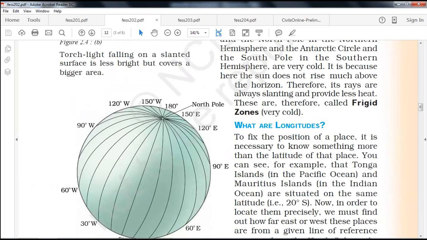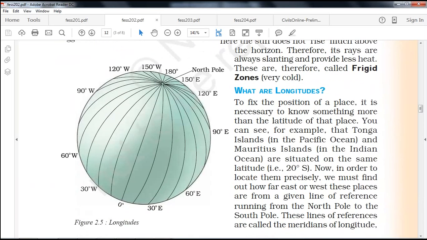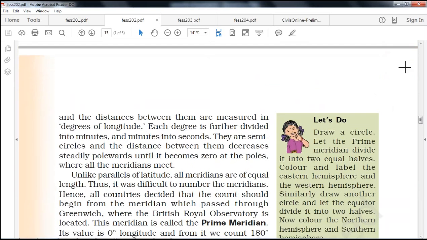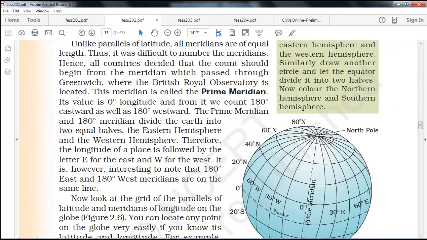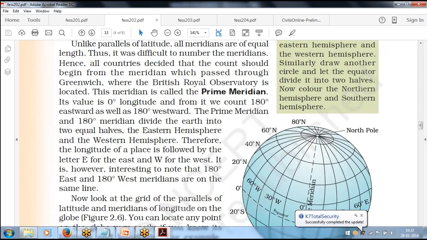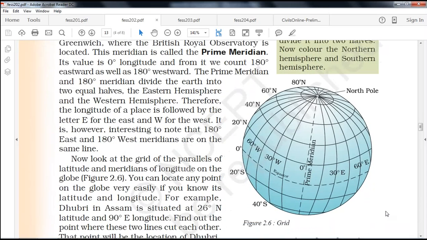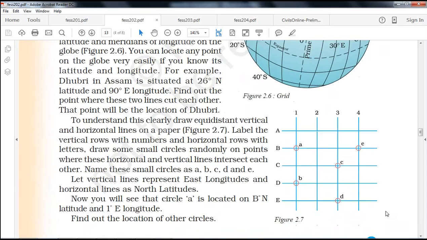Then we came to know about longitudes. And then there is the prime meridian, which is taken as 0 degrees, passing through Greenwich. Based on longitudes and latitudes, we are able to find the location of a particular place.